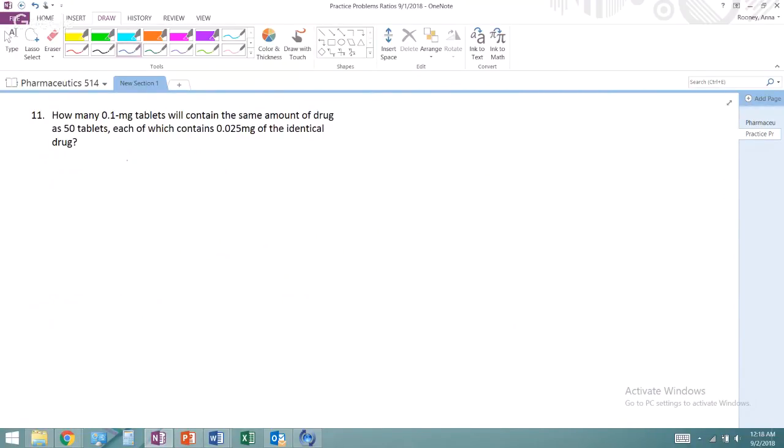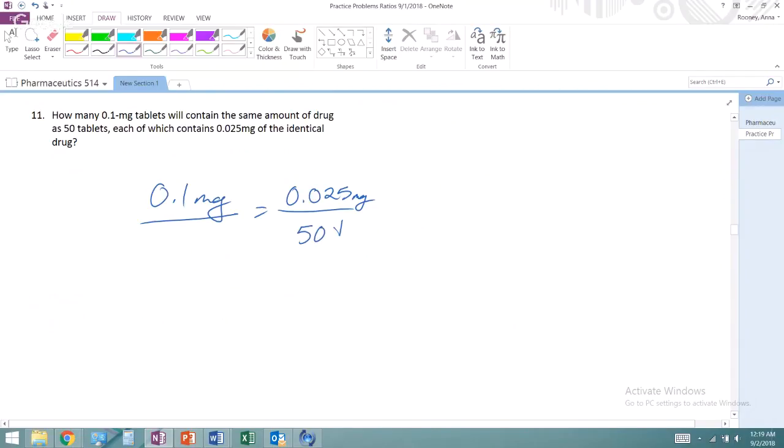All right. How many 0.1 milligram tablets will contain the same amount of drug as 50 tablets that contain 0.25 milligrams of the identical drug?